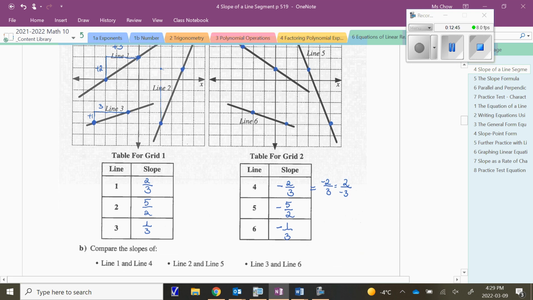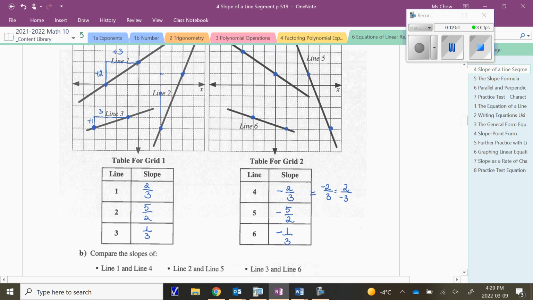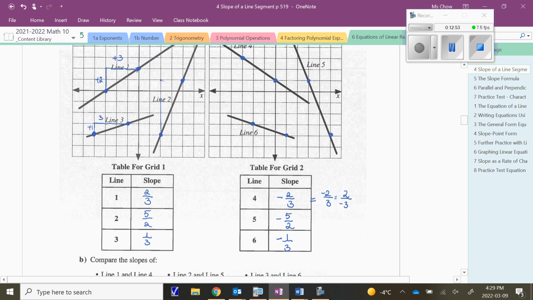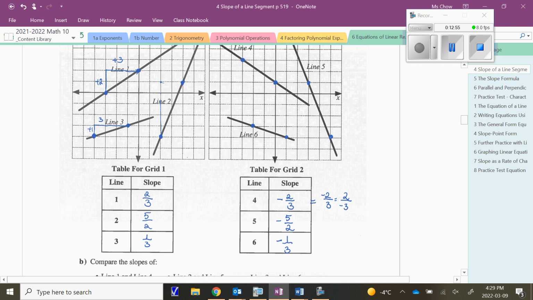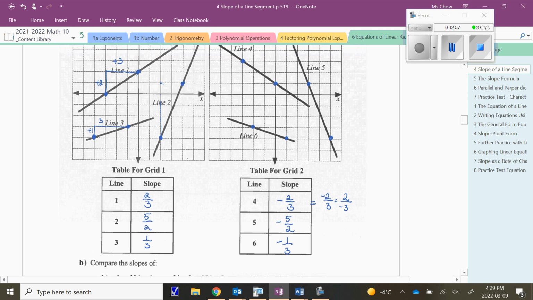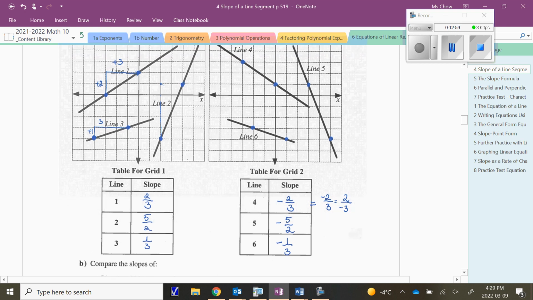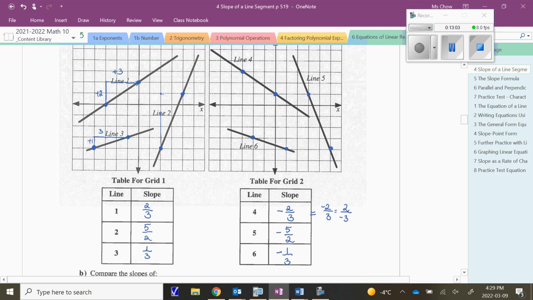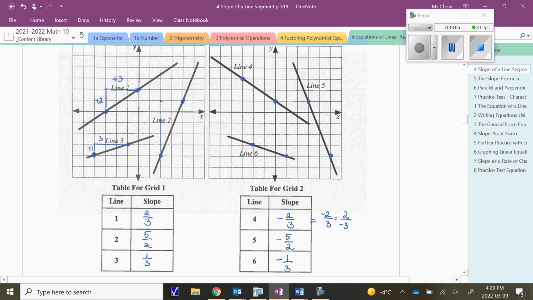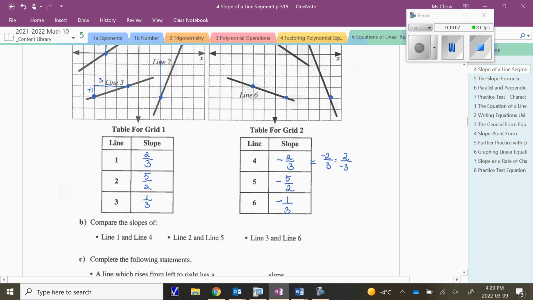Okay, when we compare the lines of 1 and 4, 2 and 5, and 3 and 6, we can see that they are the same steepness. However, one is positive and one is negative, depending on which direction they're going. So they're the same level of steepness. It's just like going off one side of the mountain or off the other side of the mountain.